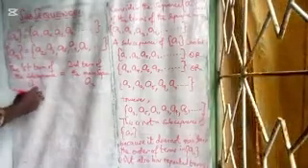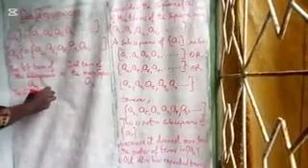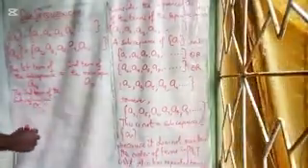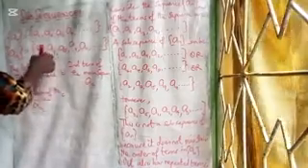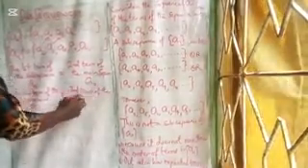The second term of the subsequence equals what? The third term of the main sequence, a3.